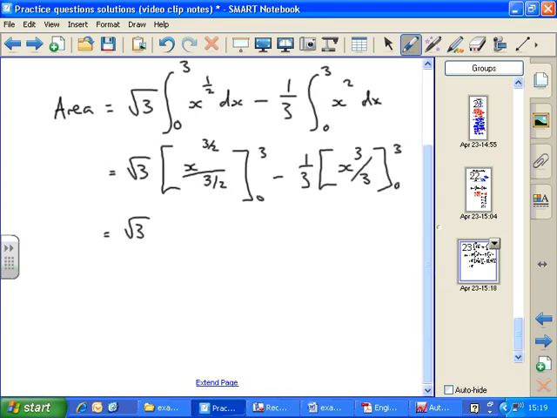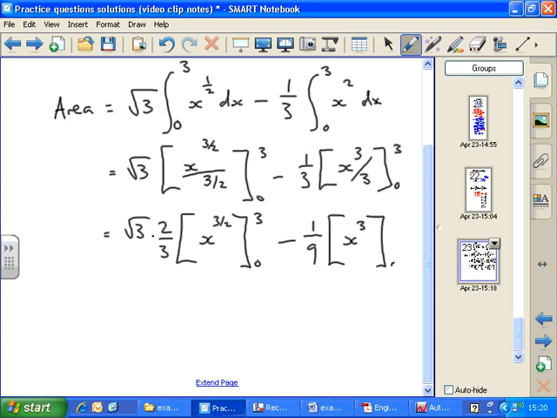The 3 over 2 can come outside and become 2 over 3. That's root 3 times 2/3 times x to the 3 over 2 between 0 and 3, minus, again the 3 can come outside the square bracket, so this is 1 over 9 x cubed between 0 and 3.